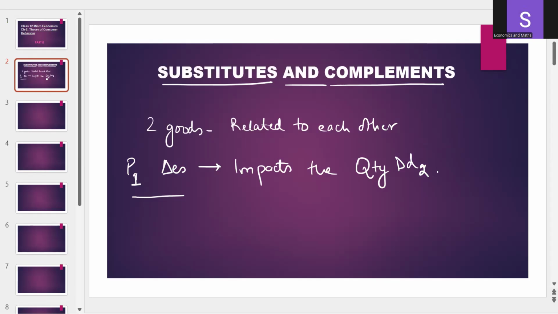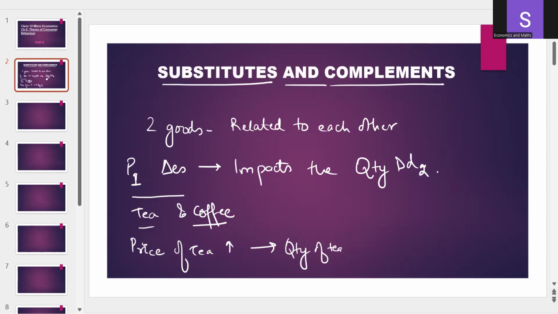What do you think if the price of tea increases? What would happen? We know that the relation between the price of a good and the quantity demanded of that good is the inverse relation. So the quantity of tea would fall. That we know for sure, from the law of demand.